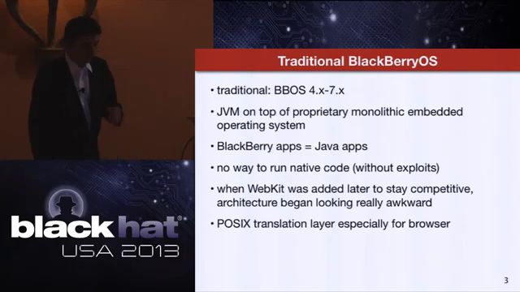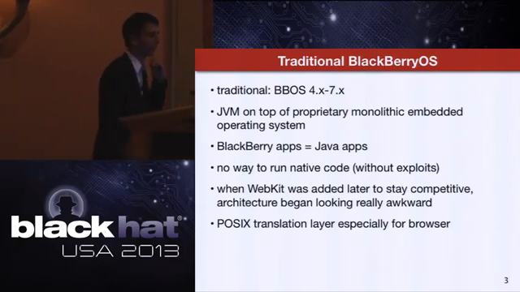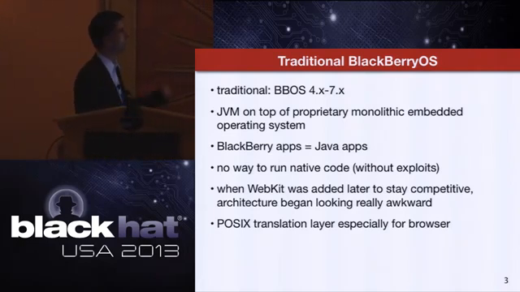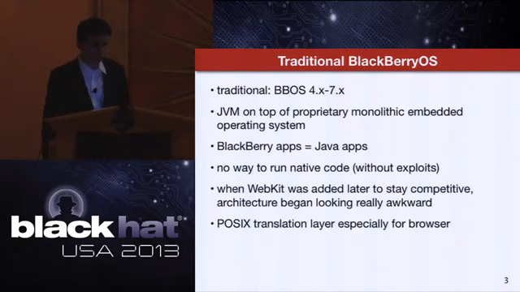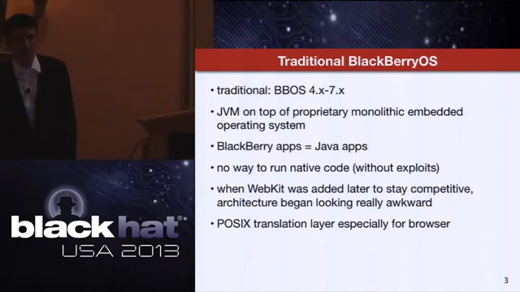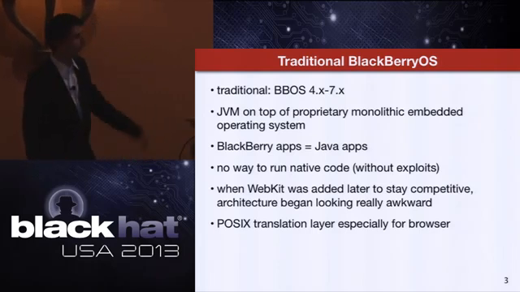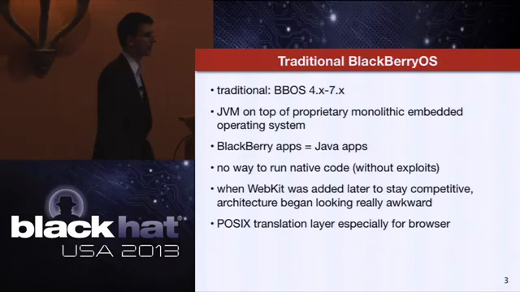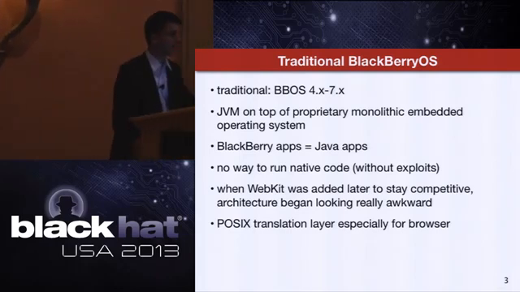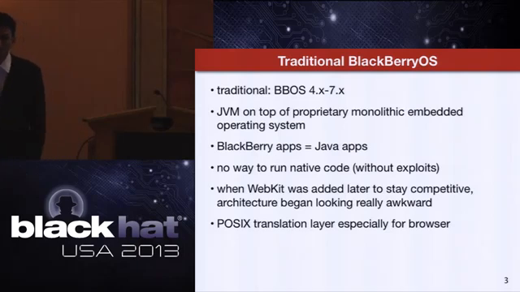Okay, so first of all, traditionally BlackBerryOS from BlackBerryOS 4 to BlackBerryOS 7 has been running on some weird embedded operating system that is proprietary to RIM. On top of this operating system, you have a Java virtual machine, and all the applications that are running there are actually Java applications in a weird format.